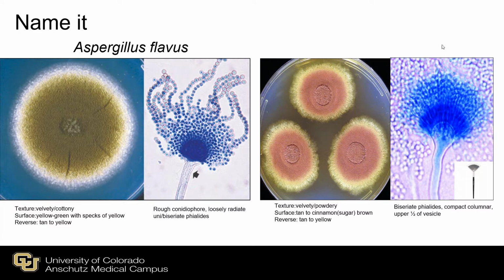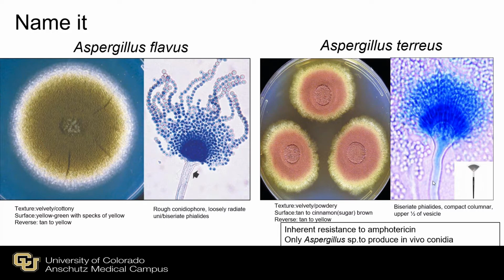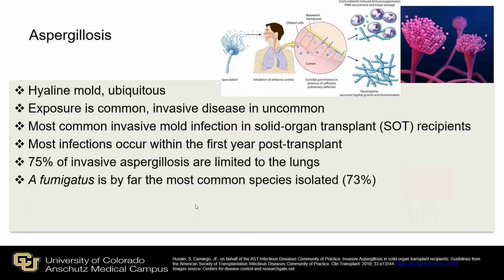And this one has a tan to cinnamon brown colony, and the structure looks very similar to a fan brush. And this is Aspergillus terreus. Aspergillus terreus is the only species of Aspergillus that has inherent resistance to amphotericin, and is the only species to produce conidia in vivo inside the human body.